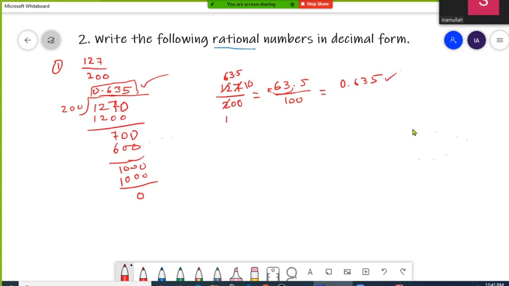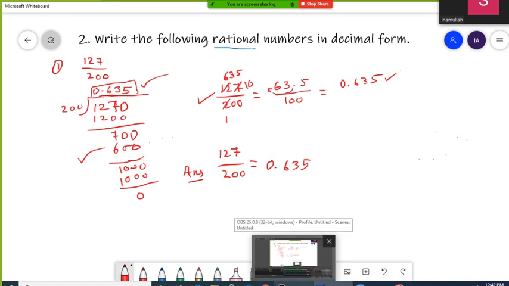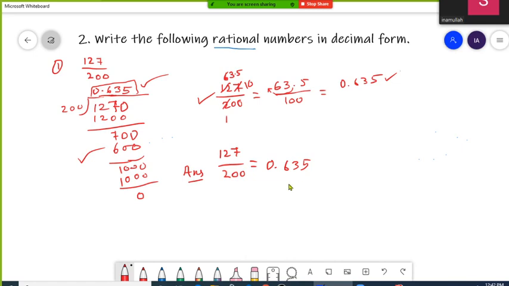So 127 upon 200 can be written in decimal form as 0.635. This is your answer, and these are different methods to do that. This is the first method, or even you can divide in this way. Whichever method is convenient for you, you can use.